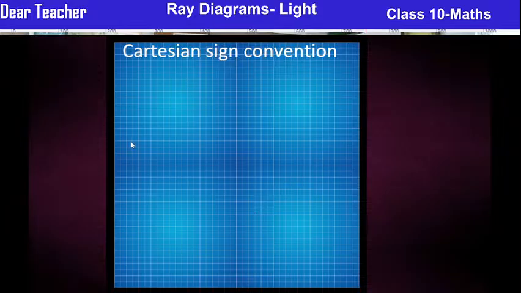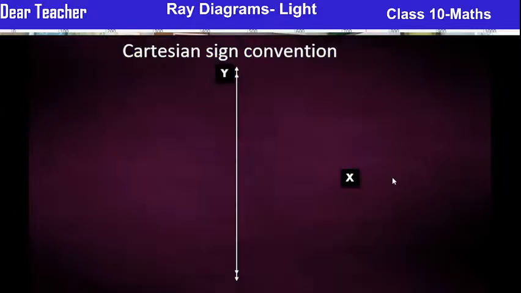In this there are horizontal lines and vertical lines placed at equal distances. The vertical line is the y-axis, and the horizontal line is the x-axis.